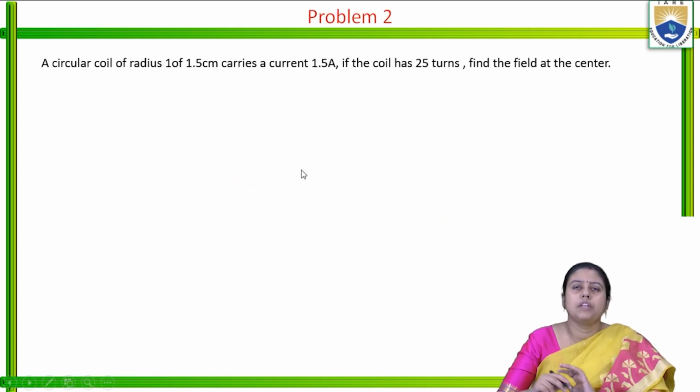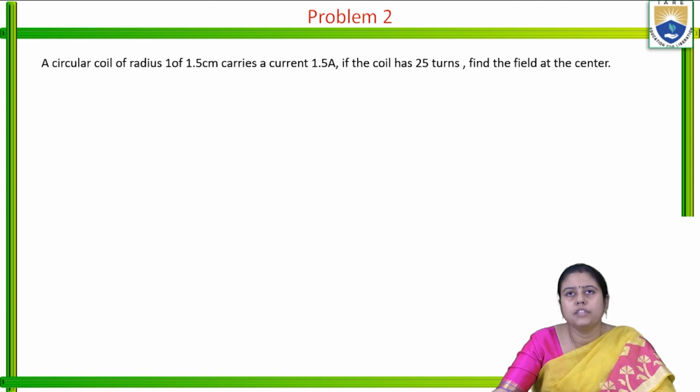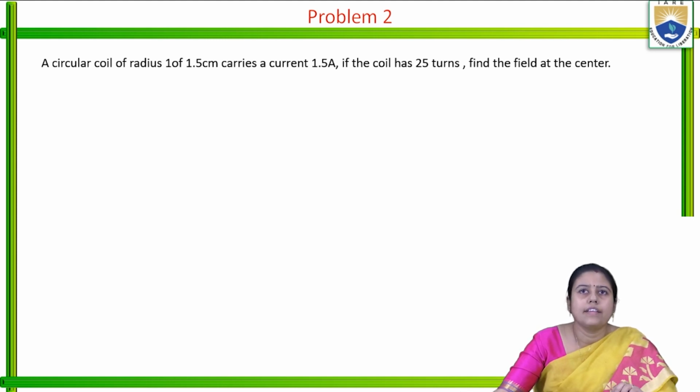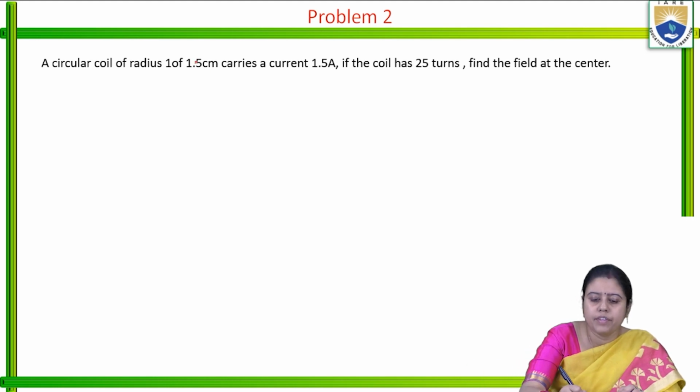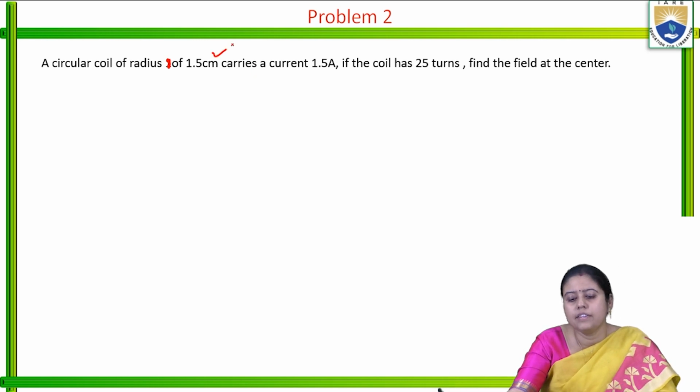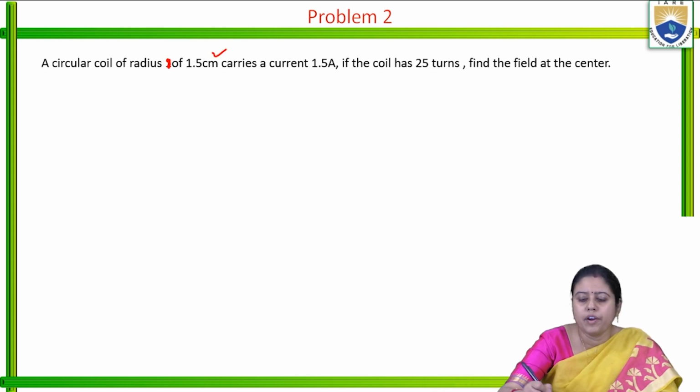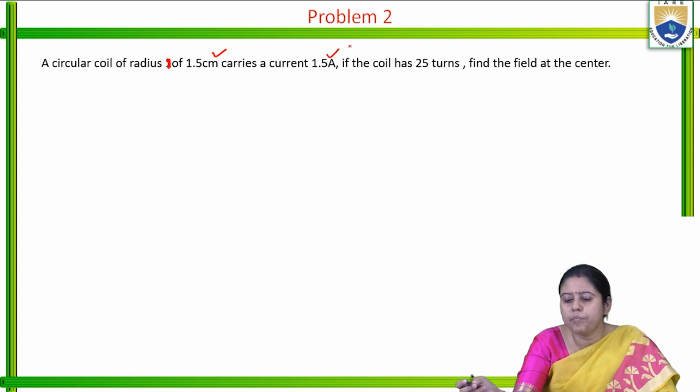Now I will move to the next problem, which is problem 2. A circular coil of radius 1.5 centimeters carries a current of 1.5 amps. If the coil has 25 turns, find the field.